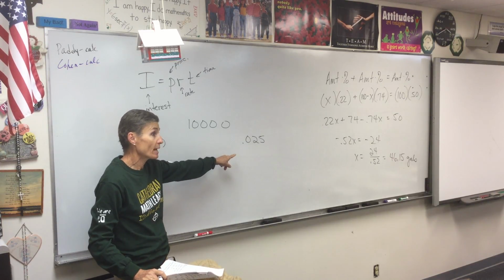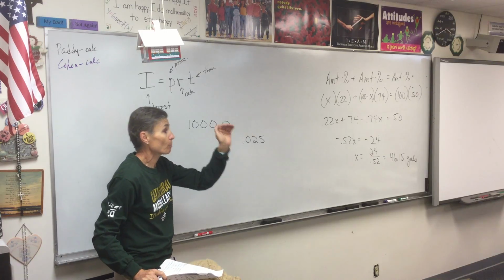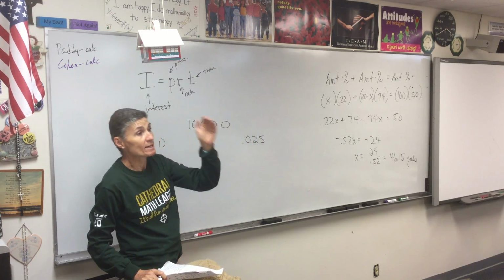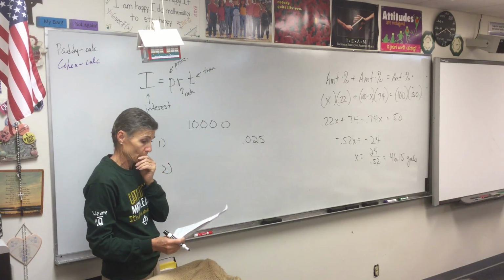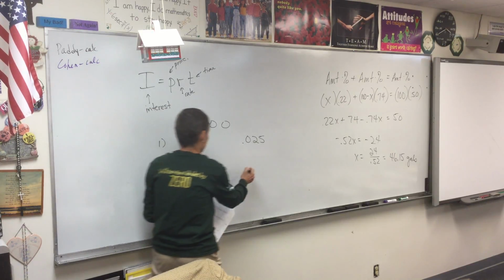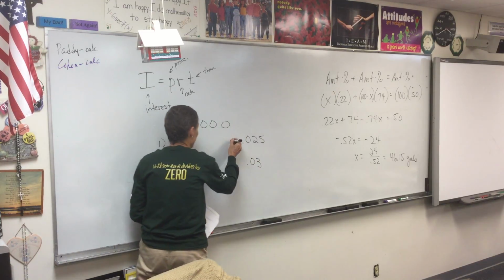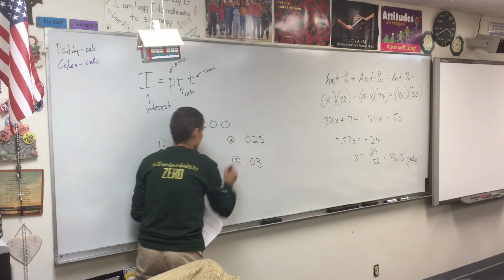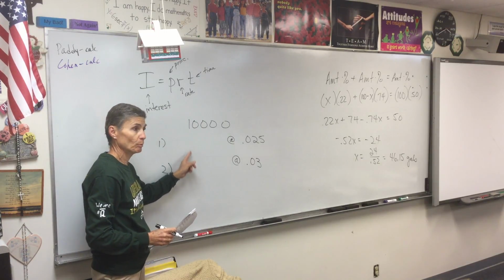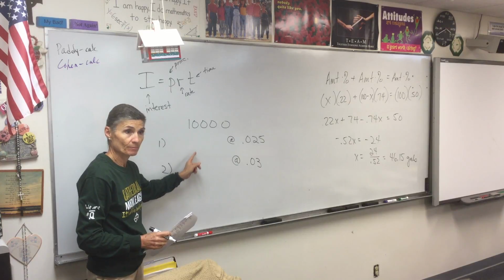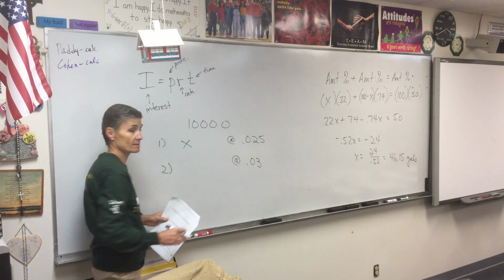I didn't write 2.5, I wrote 0.025 because our percentages always go in as decimals. And the rest is 3%. So here are my 2 accounts. Now, he's taking this much money and he's splitting it up into 2 pieces, right? I have no idea how big the pieces are, so I'm going to call that one X.